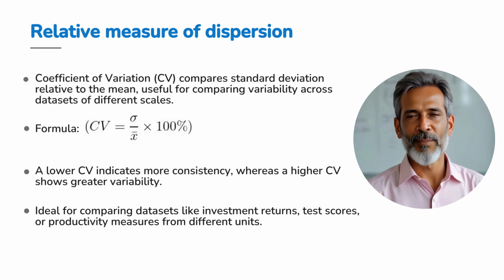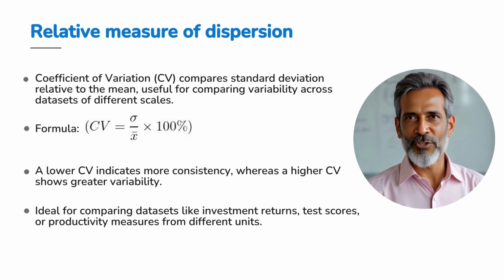A lower CV means the data is more consistent relative to its mean, while a higher CV indicates more variability. Think about comparing returns on two different investments. One gives small gains but very steady, the other gives big gains but with wild swings. CV helps decide which one is relatively more stable.